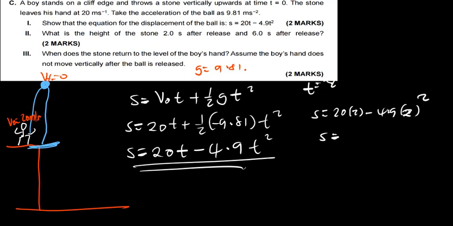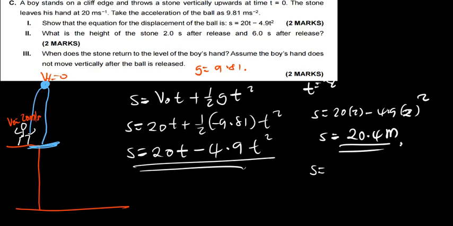So it will be 4.9 times 2, I'll square it. 20.4 meters. So we are saying when t was equal to 2, the displacement was 20.4.